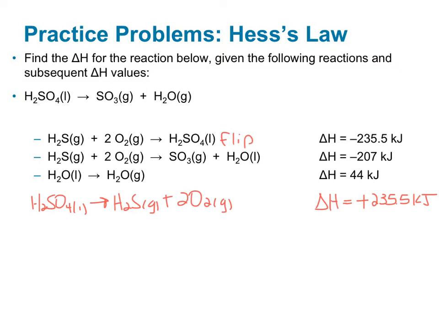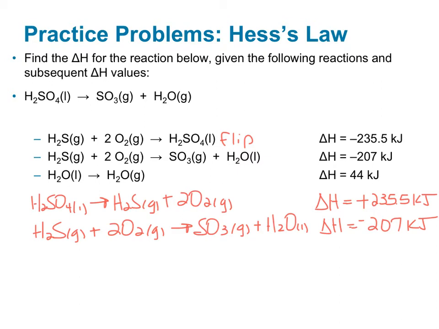So now the H2SO4 is a reactant, just like it is in my target equation. And you can see that I flipped the sign of the delta H. Looking at the second equation, I don't have either reactant in there, but I do have SO3 gas as a product. So I'm going to leave that equation just like it is.